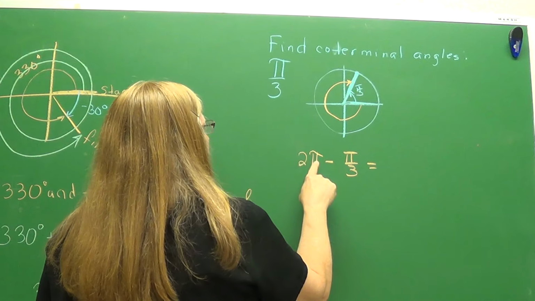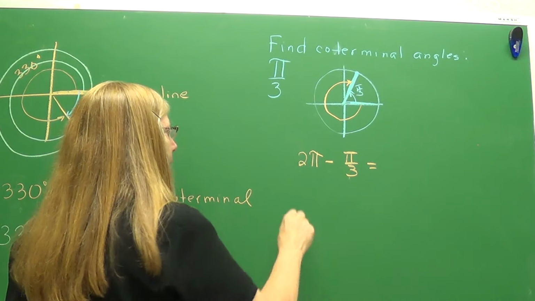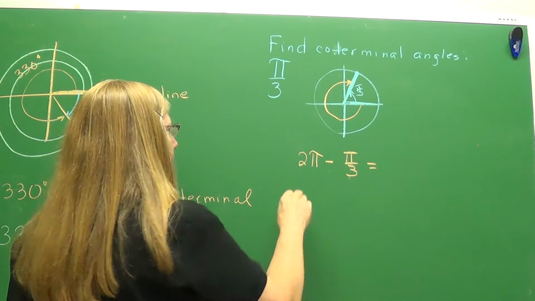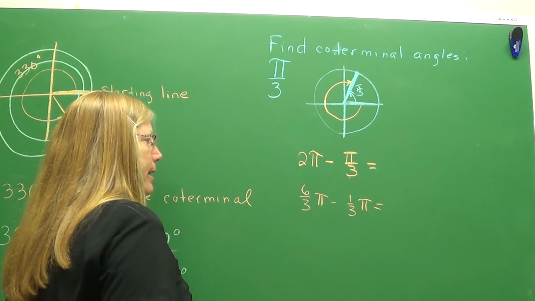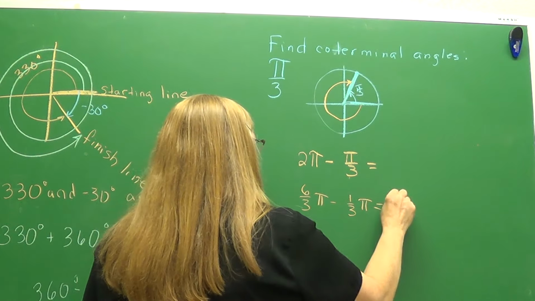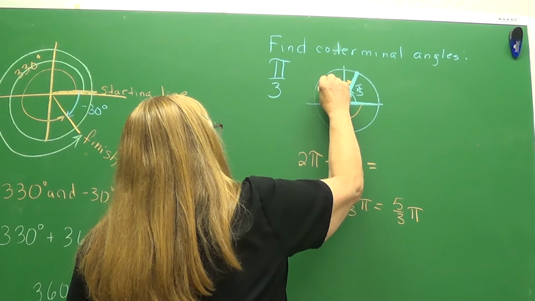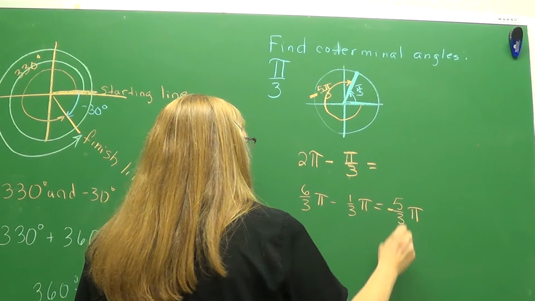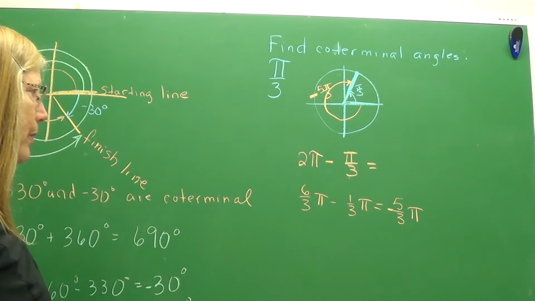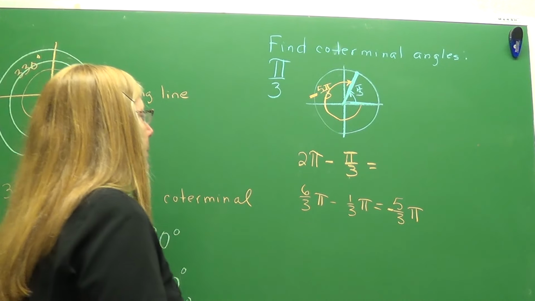So how do you take 2 pi minus pi over 3? Our fractions come out to play. 2 pi is 6/3 pi minus 1/3 pi. So rewriting them for easy subtraction, I get 5/3 pi. So this one is 5 pi over 3, and then I remember it went in the negative direction. So negative 5/3 pi is coterminal to pi over 3.